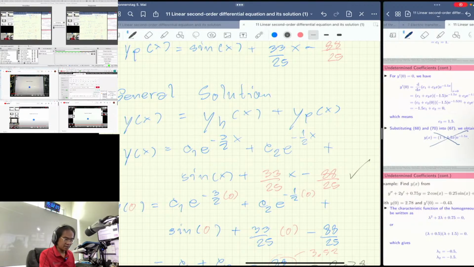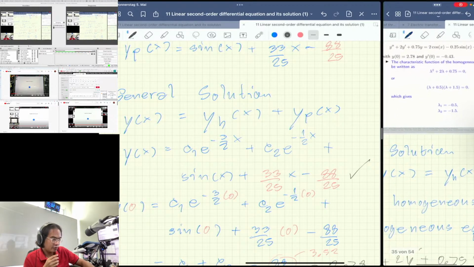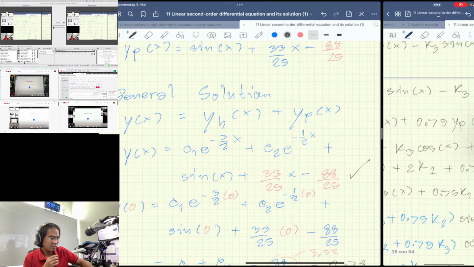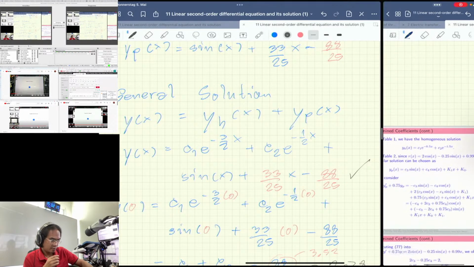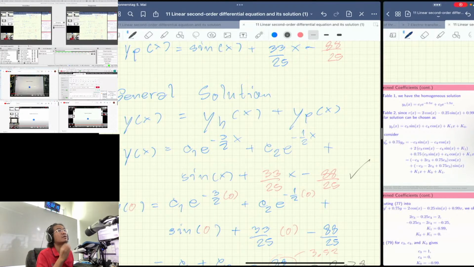This one is correct. I'm not sure whether they could find the correct answer in this one or not. No, this one is wrong. Okay. But what we have derived here is already correct.